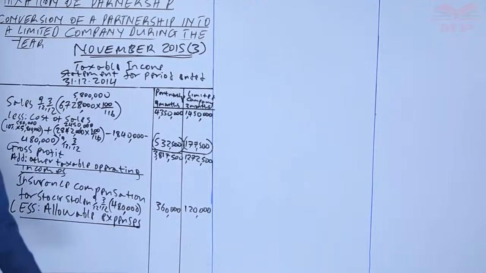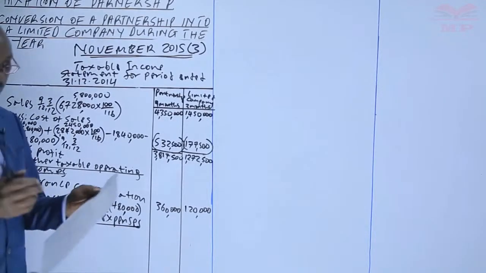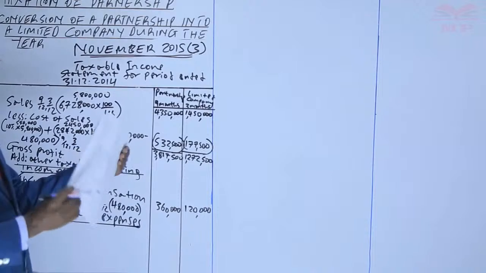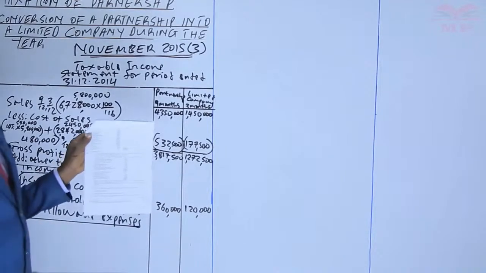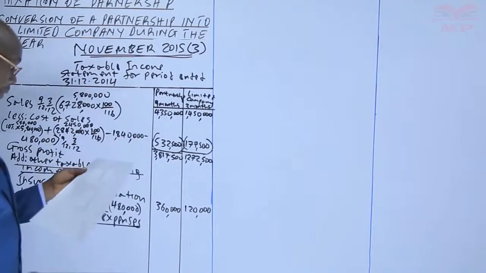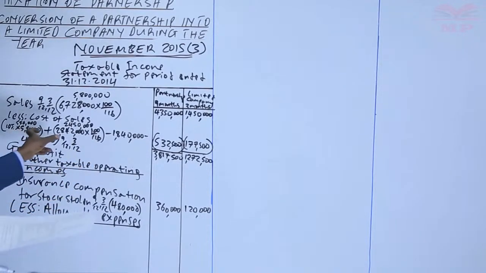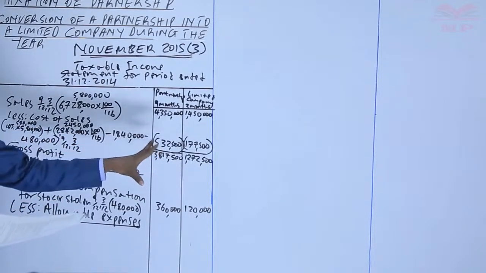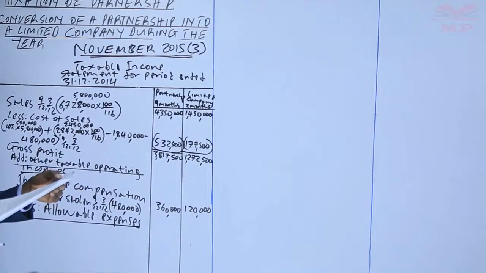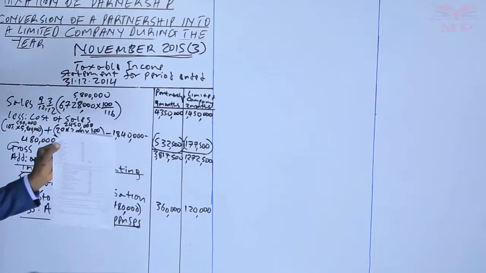So we need to go through the whole question again, and especially in the income statement where expenses start. Any allowable expense we deduct here. And the first expense is purchases. Now purchases we use to get the cost of sales. So it's already considered there. The other one is purchase of computer. Computer is not an allowable expense. It's a fixed asset.